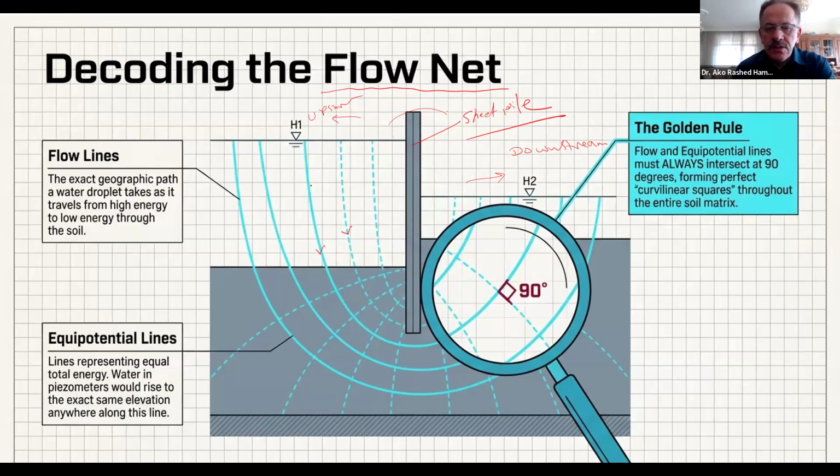Due to the difference in pressure, there is a head of water here, H1, and the head of water here is H2, so the difference is delta H. The more difference delta H you have, the more pressure there will be from the water on this soil, so due to the permeability of the soil, the water will go from the left to the right side. These are the principles of the flow net.